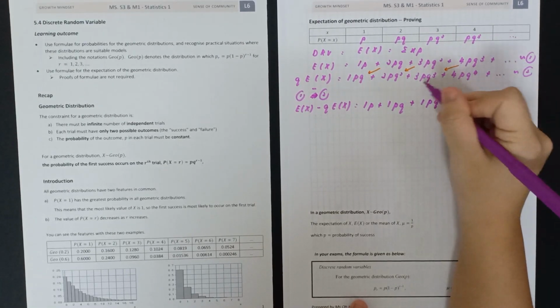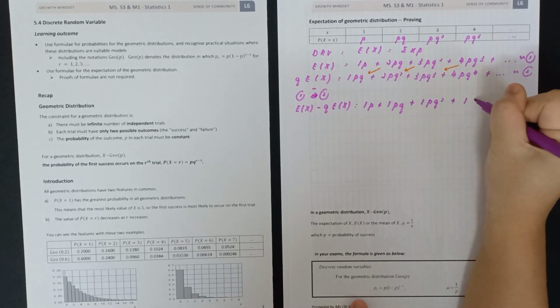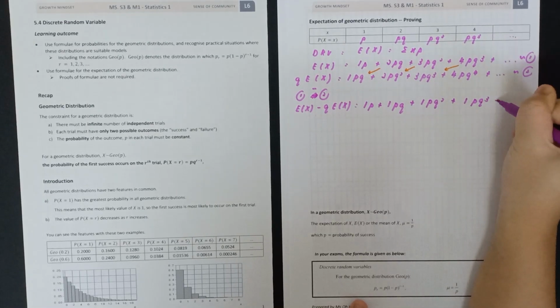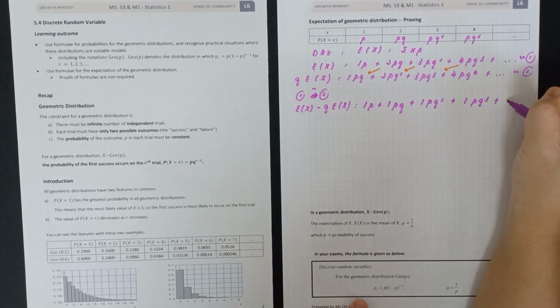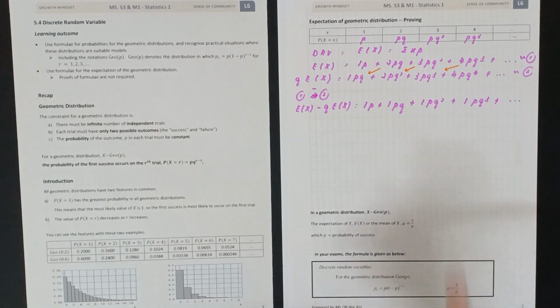Then 4pq cubed minus 3pq cubed gives me 1pq cubed. Then you know that the next ones will be pq to the 4, pq to the 5 and so on. Okay, so this is what I get.